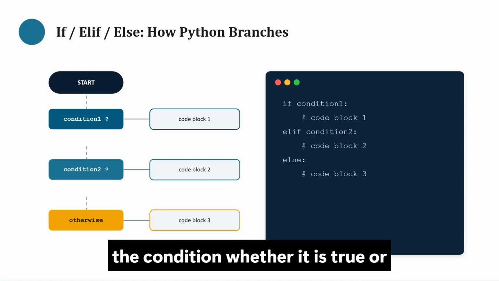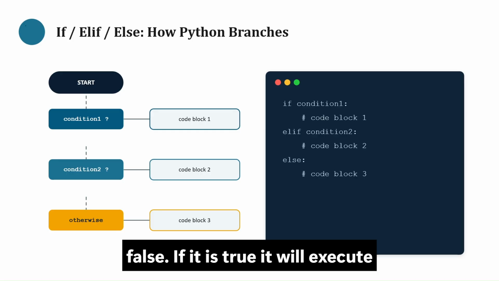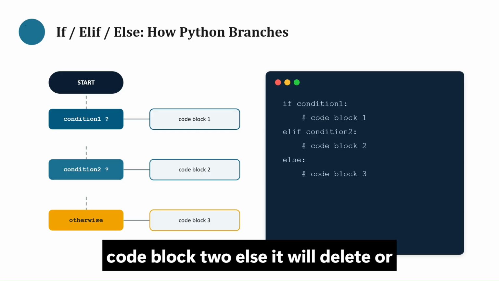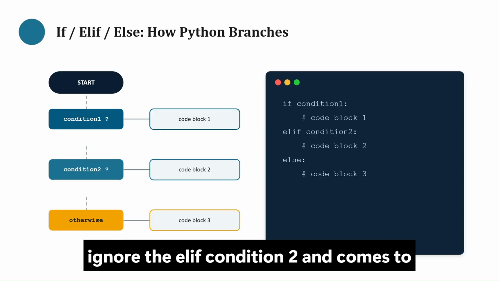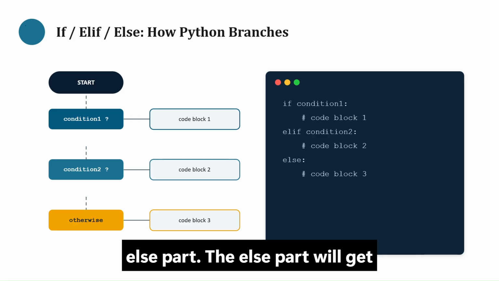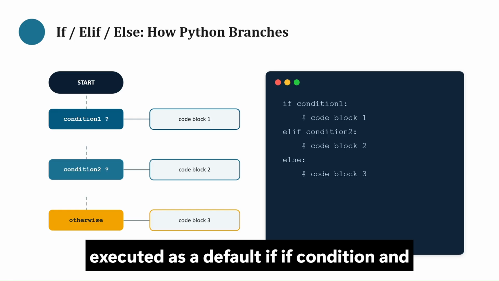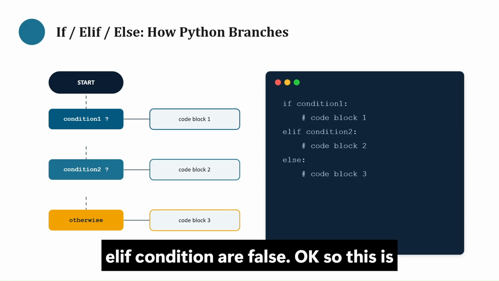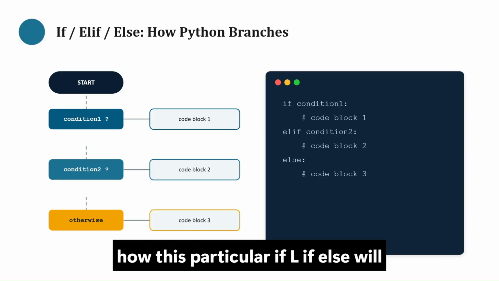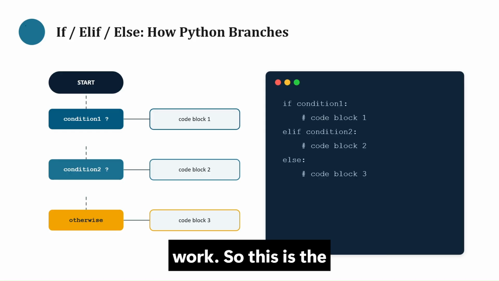It checks whether it is true or false. If it is true, it will execute code block 2. Else it will ignore the elif condition 2 and come to the else part. The else part will get executed as a default if the if condition and elif condition are false. This is how if, elif, else works.